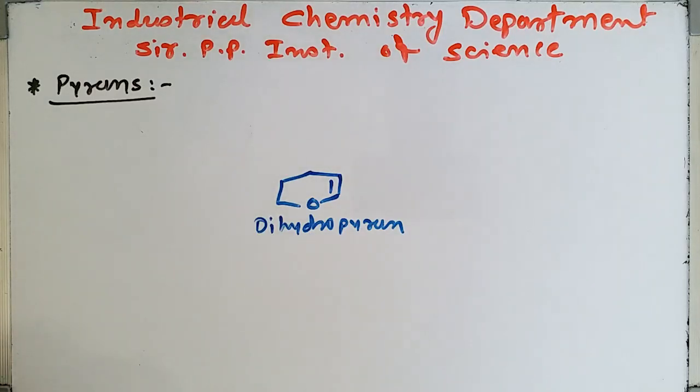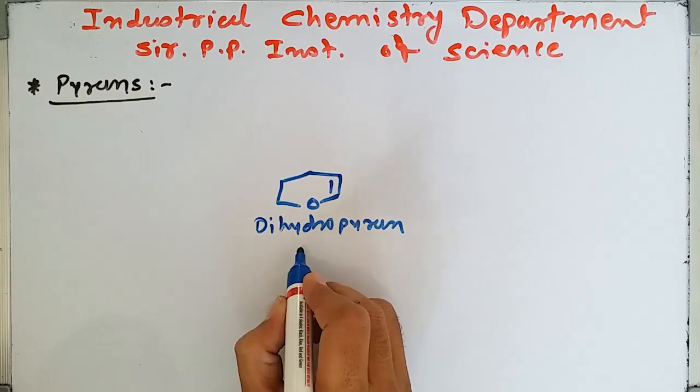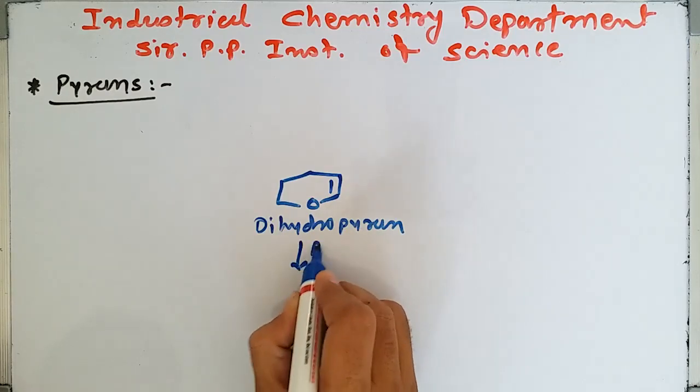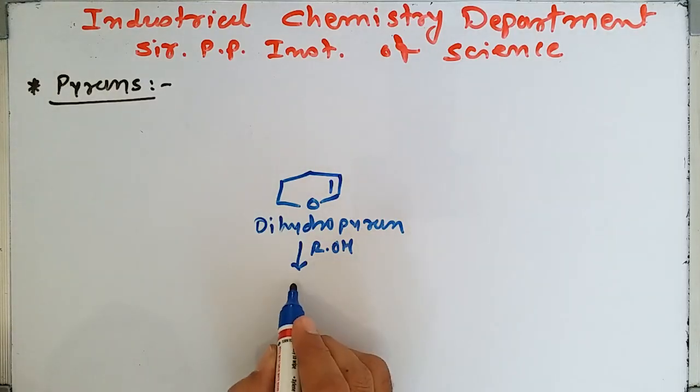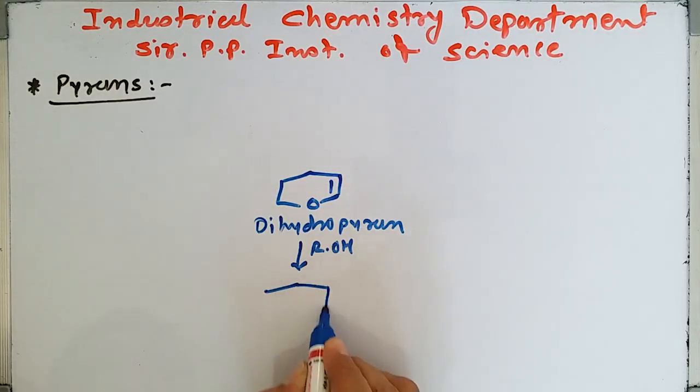So we write down this very important application as a reaction. If we treat this dihydropyran with alcohol or phenols in the presence of anhydrous acid, it gives an acetal derivative.